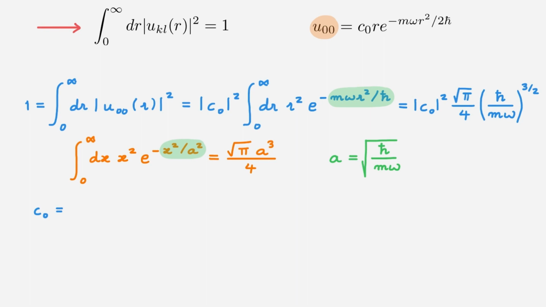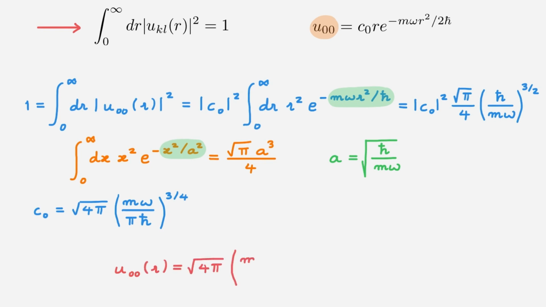Isolating C0, we get that it's equal to this expression where I have made some trivial rearrangements. Note that I have also made a phase choice such that we end up with a real positive constant. With this result, we can rewrite u00 as equal to the prefactor times r times the Gaussian.